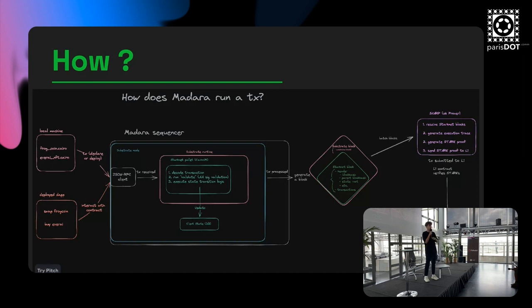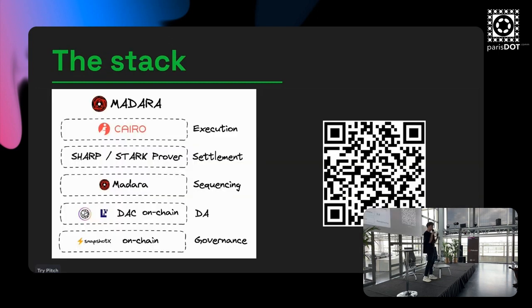It decodes the transaction from the RPC, runs it in the VM, and executes the whole state transition logic, making sure that everything is working fine and you're not trying to double spend or whatever. And then it interacts with the DB, the RocksDB that Substrate is running, to update the state in real time. There is a whole state adapter, meaning that the Cairo VM directly interacts with the Substrate storage.